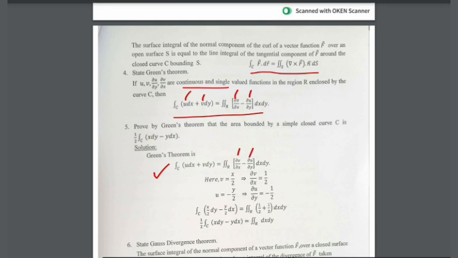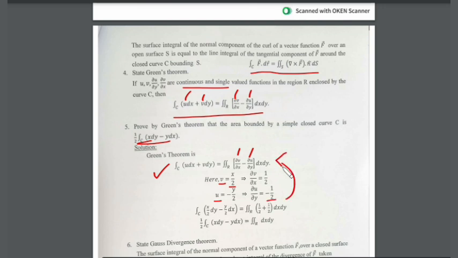We need to find ∂v/∂x and ∂u/∂y. Here the value of v is x/2 and the value of u is −y/2. Differentiating v with respect to x, I get 1/2. Next, differentiating u with respect to y, I get −1/2.